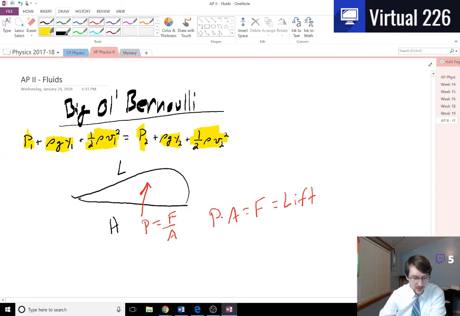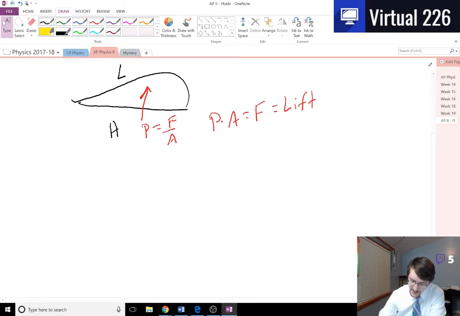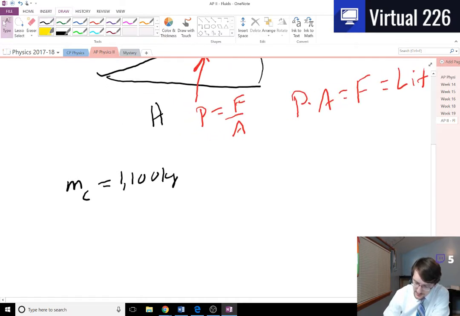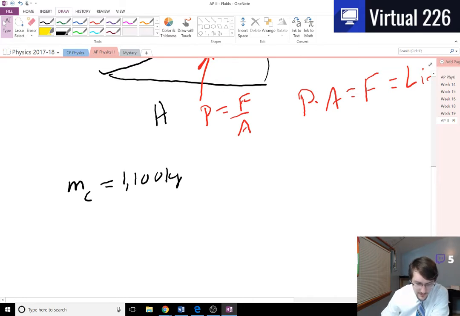Okay. Now what we're doing in this problem is we know a few things. We know the mass of our Cessna is 1,100 kilograms. We know that the cross-sectional area of the Cessna is 16.2 meters squared.